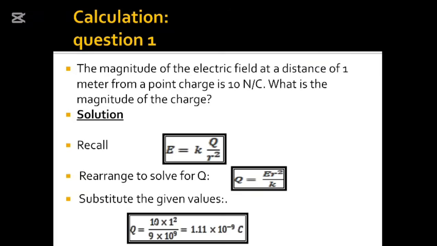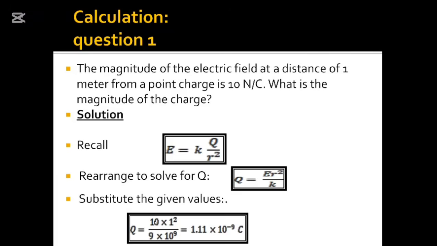Whenever you see this word magnitude, be very careful with it, because sometimes there are certain questions that may carry negative and positive signs, and it's just asking you for magnitude. And maybe when you finish solving, you have your answer as maybe 3, and you said, oh no, 3 cannot be the answer, I got -3. Whenever they ask of magnitude, they are simply asking about the size, not the sign that is attached to it.